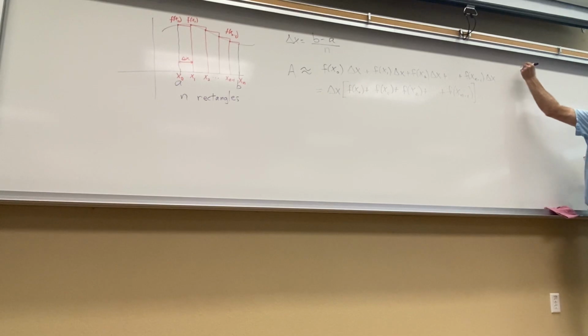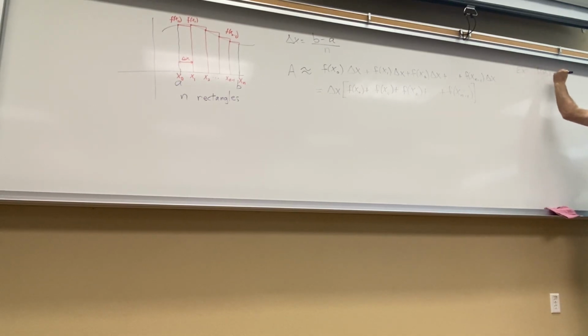So let's look at an example. f of x equals x squared. We want to go from 1 to 3 with n equals 4.